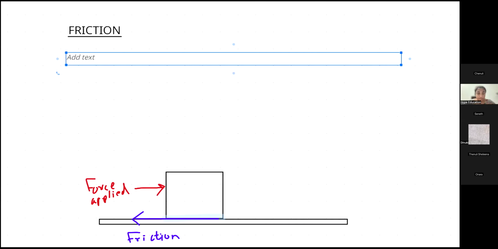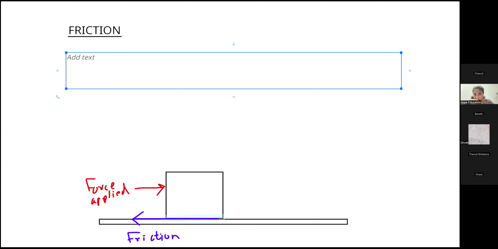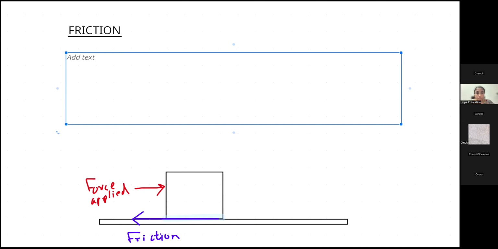Let's say. So then let's put another sentence. Let's write the proper definition of friction.